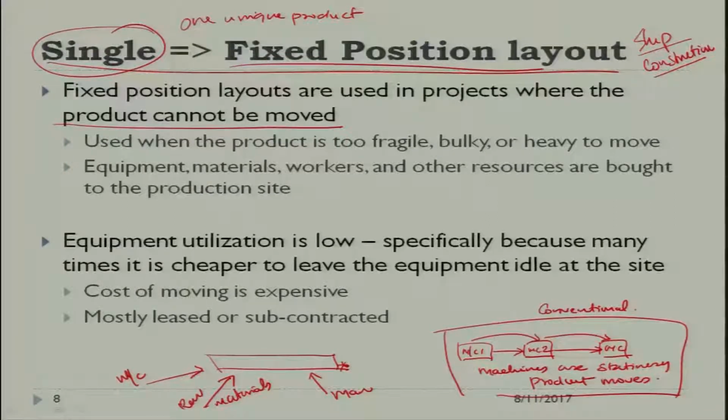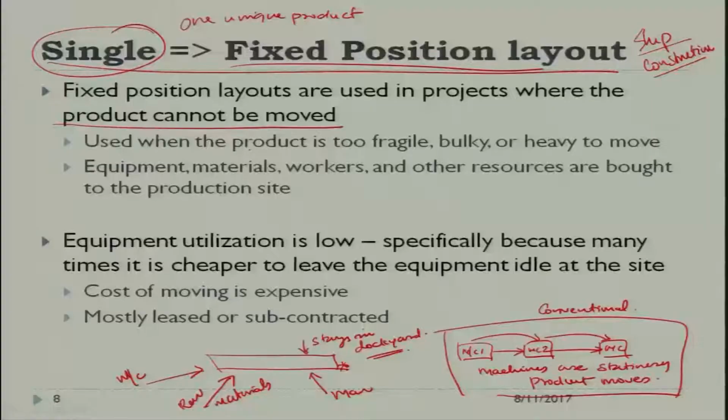So, when you are building a ship, it stays in a dockyard or shipbuilding facility, the ship gets built, everything else comes to the ship, it gets finished and then it is used. Same is with building a building, the building remains on the ground and all the other related men, equipment, goods, everything else come to the site.